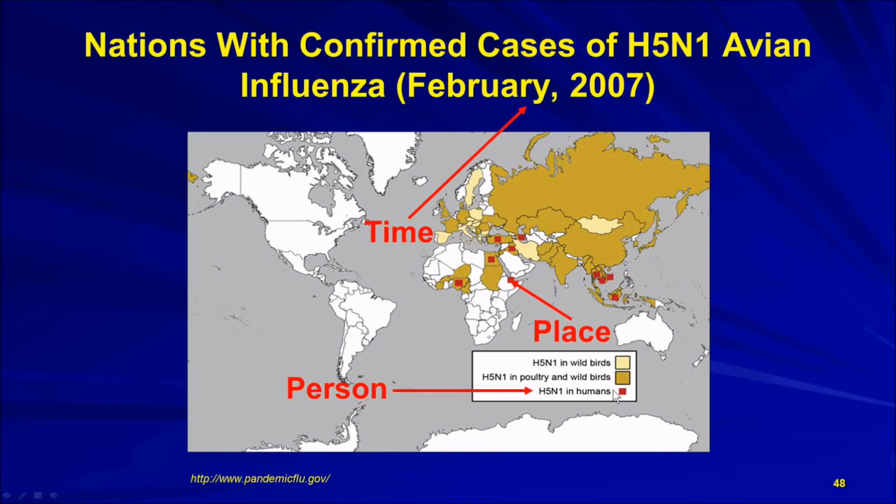And if my geography is correct, we have Africa, Turkey, Iraq, Thailand, I believe the tip of Russia, Indonesia and Malaysia.